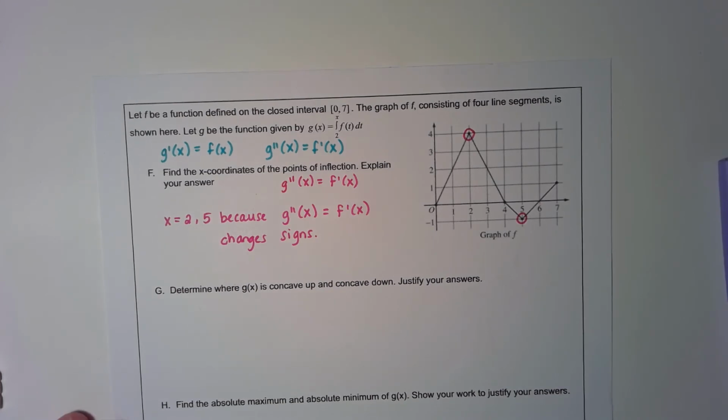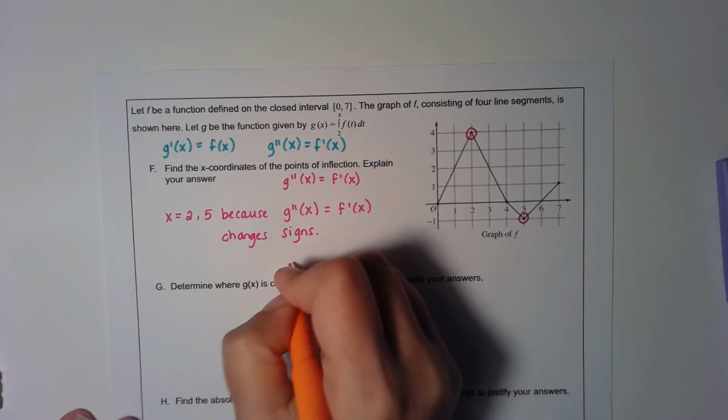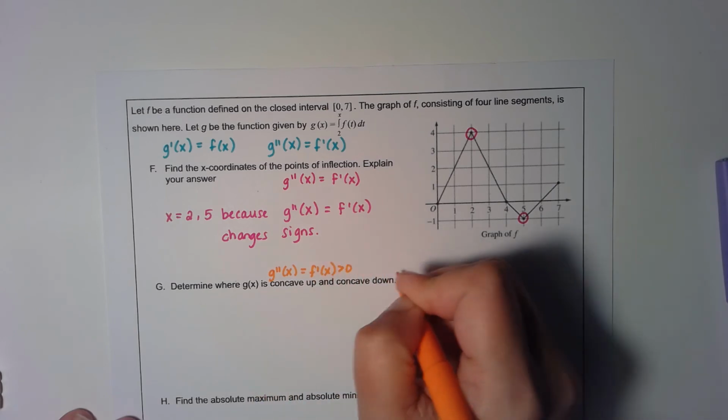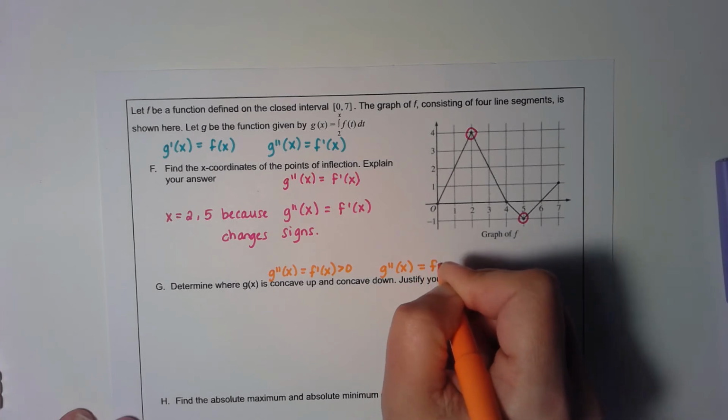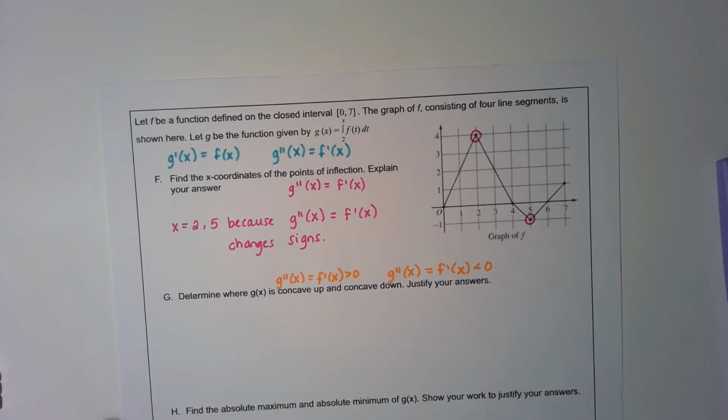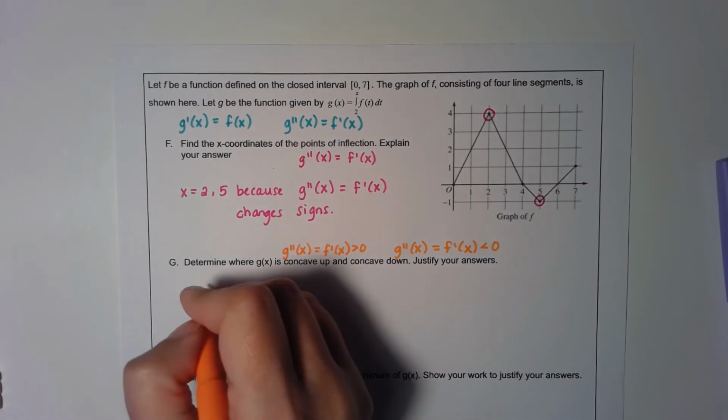Next, it says determine where g of x is concave up and concave down. So concave up is going to be where the second derivative, which is equal to f prime, is greater than 0. And concave down is going to be where the second derivative, which is equal to f prime, is less than 0. So we're looking at the slope of this graph where it's a positive and a negative slope.